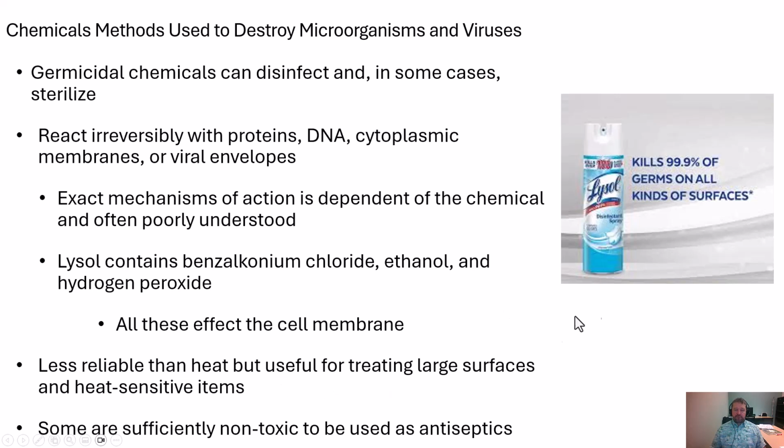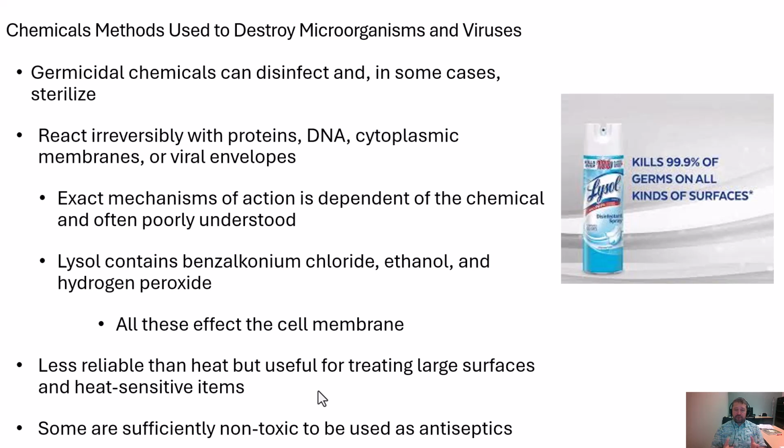The other thing that I want to talk about when we talk about germicides, these are chemicals. Chemicals are typically worse. They do not work as well as temperature. So like we talked before, autoclaving is the go-to if you're going to sterilize something.